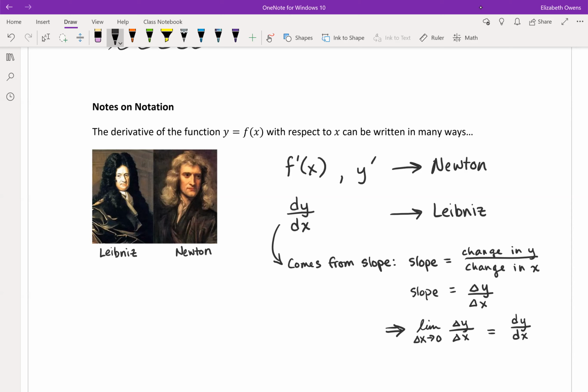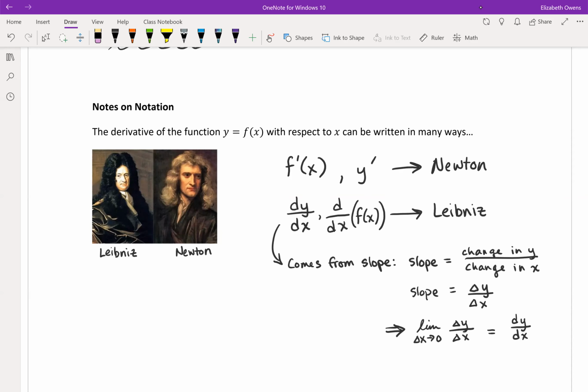Now, he expanded upon that to use the d dx part. So you'll often see things like this, d dx. That means we are taking a derivative with respect to x of whatever comes after that d dx symbol. So if you're taking the derivative of f of x, you could write d dx of f of x like this, and then you would put in whatever your function is in there.